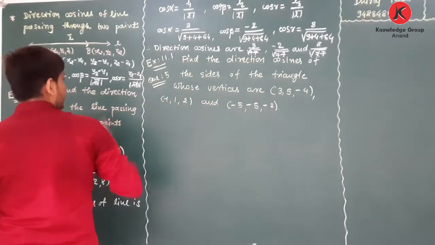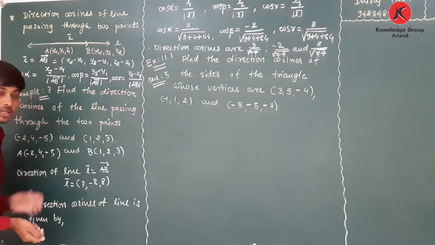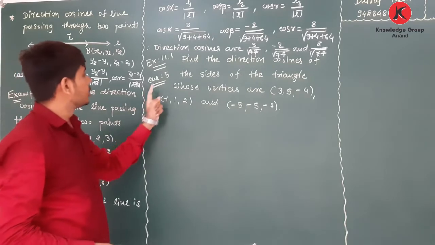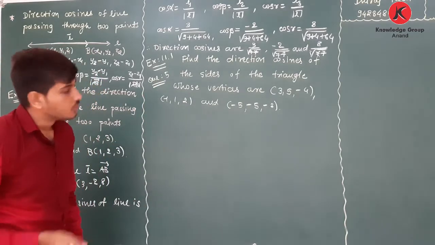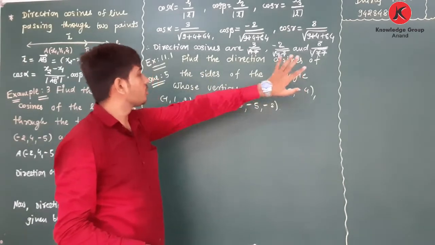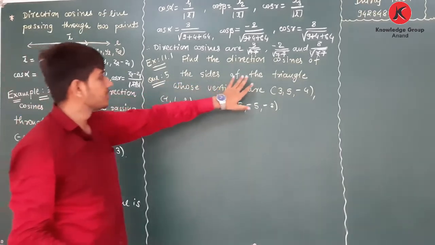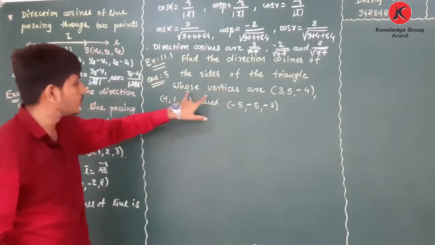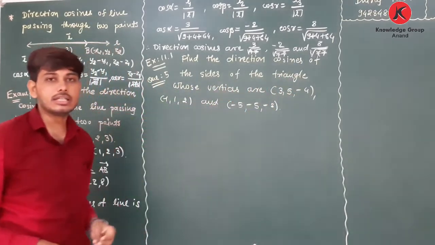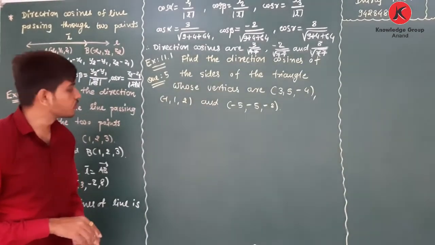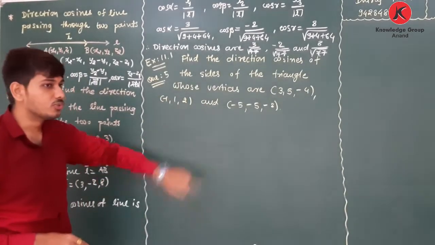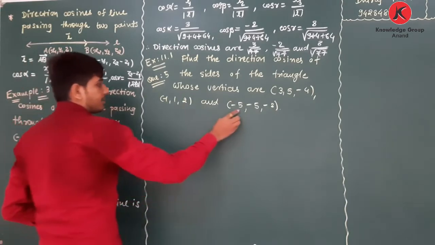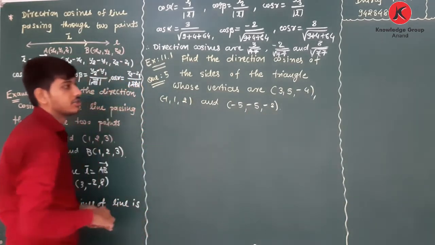Now we are going to discuss next question, exercise 11.1, question number 5. Find the direction cosines of the sides of the triangle whose vertices are 3, 5, minus 2; minus 1, 1, 2; and minus 5, minus 5, minus 2.